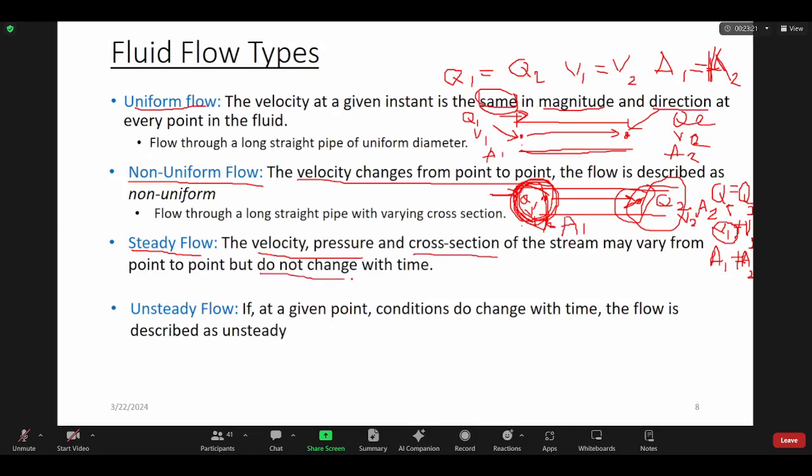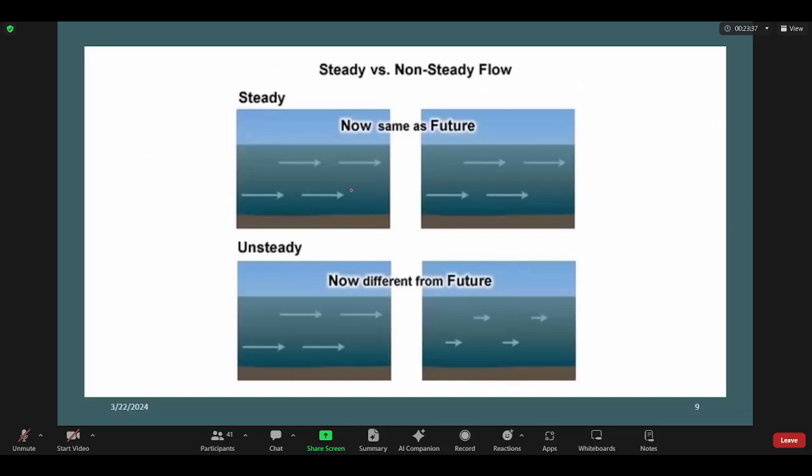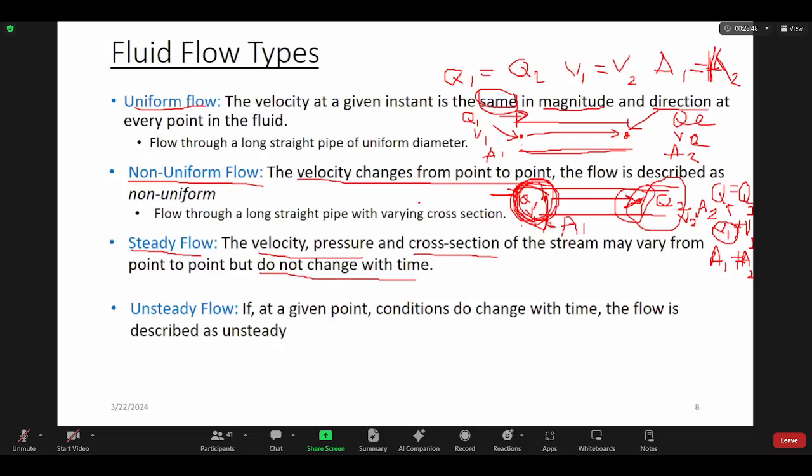Then we can call it steady flow. I will show a diagram for it. This one is steady flow. There are no changes in velocity, pressure, or cross section.